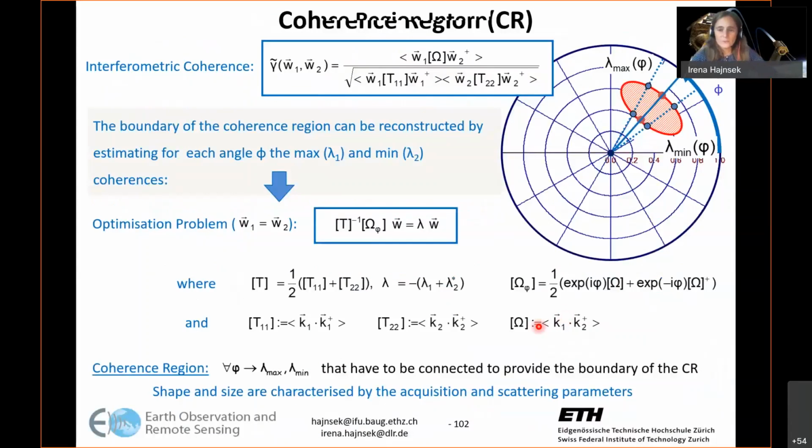So let us go further on this coherence region, and understand how we can define the boundaries of the coherence region inside the unit circle. In the moment, we just said for the coherence region, you can get the maximum and minimum of the coherence and the maximum and minimum of the phases, right?